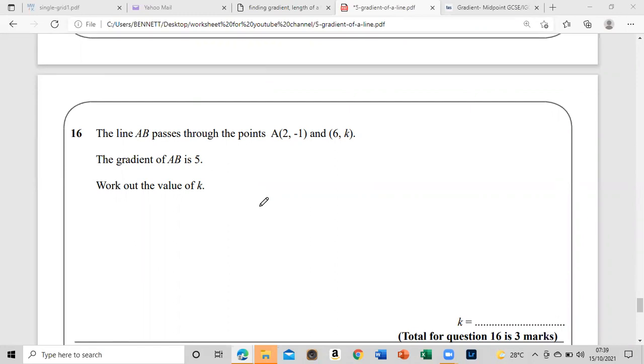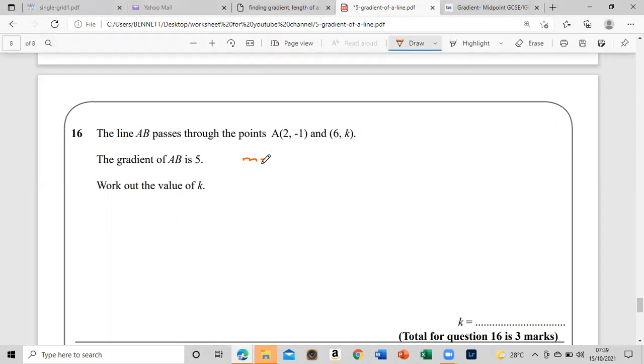In mathematics, always go back to what you know, all right? We know that the gradient m is defined as y2 minus y1 over x2 minus x1.